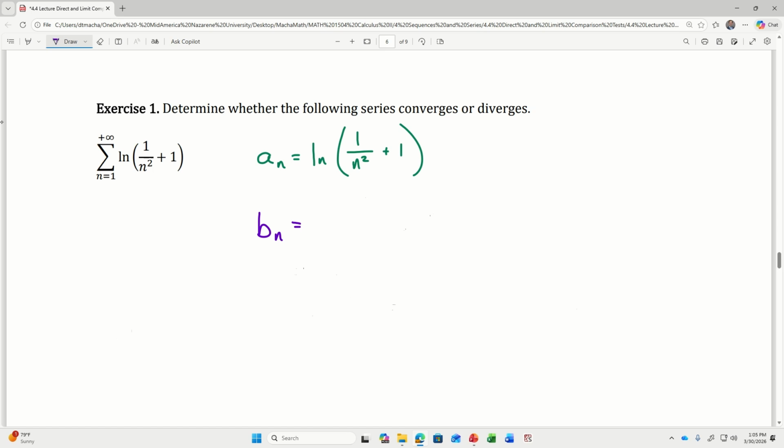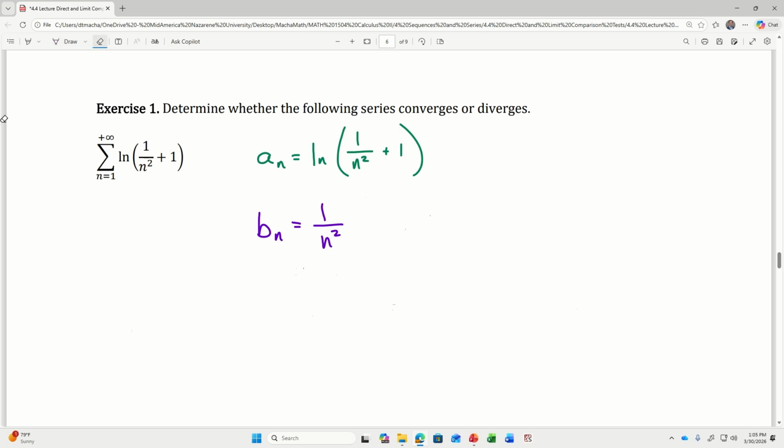Okay. What we need to end up comparing the series to in the end is 1 divided by n squared plus 1. Oh, sorry, I don't think I need the plus 1.